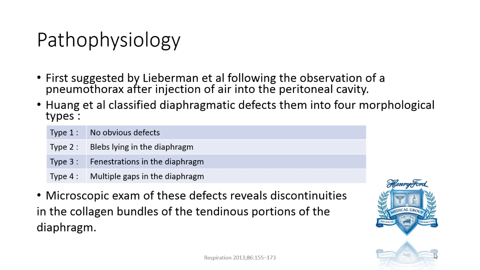noted to develop a pneumothorax on the right side of the chest wall. And in autopsies, they demonstrated diaphragmatic defects in patients, and these were not just cirrhotic patients. This was the general population, and they described it as 4 different types. Unfortunately, I don't have any pictures to explain it better, but type 1 is when there are no obvious defects. Type 2 is when there are blebs lying in the diaphragm. Type 3 is fenestrations in the diaphragm, and type 4 is multiple gaps in the diaphragm.